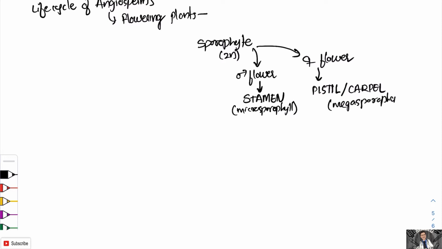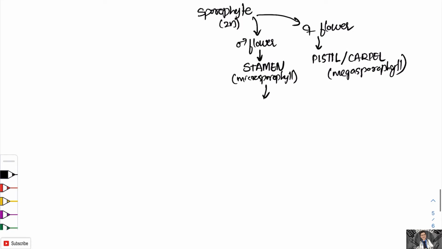Now, instead of microsporangia, we have pollen sac, which is found in the anther of the stamen. I'll explain to you regarding stamen and pistil.